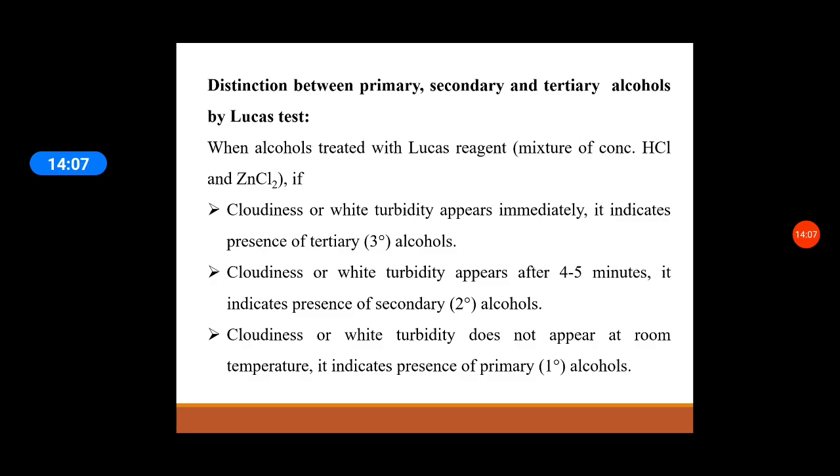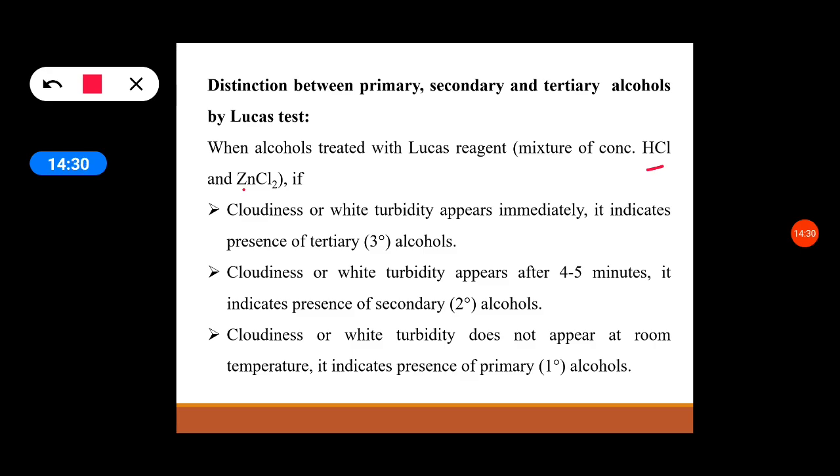When alcohols are treated with Lucas reagent, they react with HCl in presence of zinc chloride. So when they react with HCl in presence of zinc chloride, the OH group of the alcohol is substituted with Cl. So alkyl chlorides are obtained.